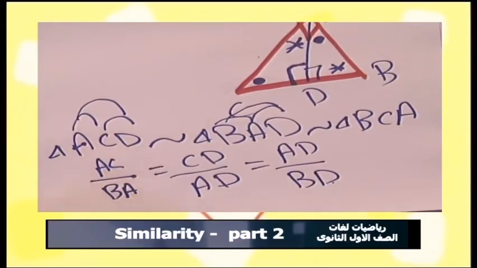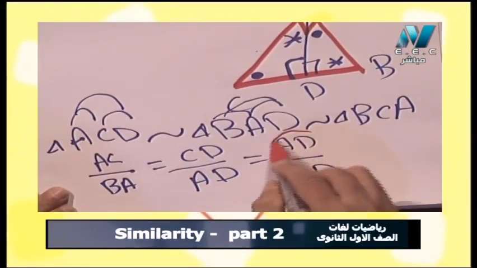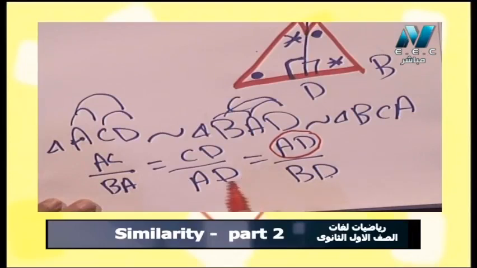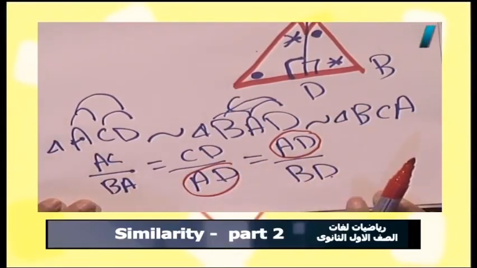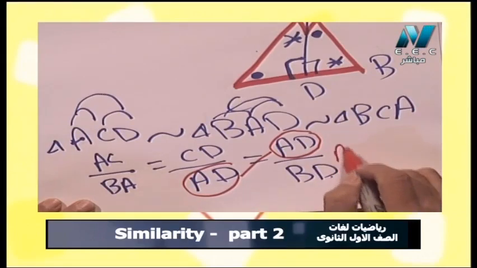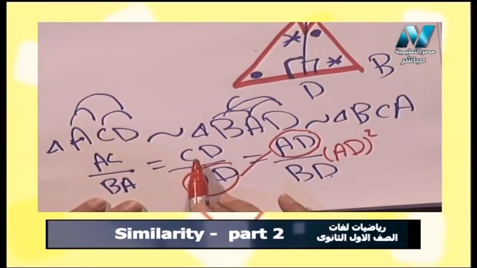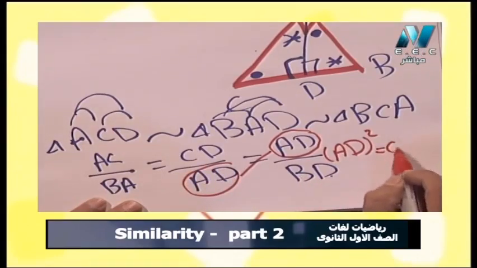Try to concentrate with me now, and try to find what AD is here. It's repeated here. So we have two AD. When we multiply AD by AD, it will be AD power 2, equal what? Equal CD multiplied by BD.